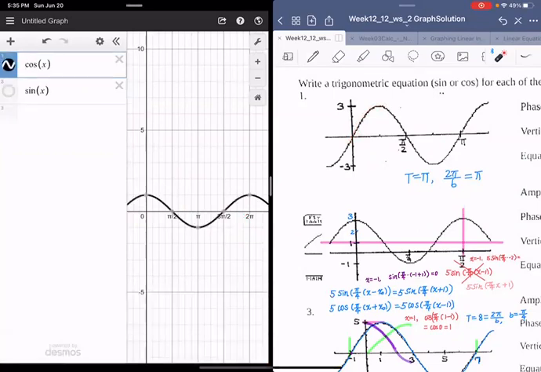Cosine x starts from the maximum point. So if you have a graph starting from the maximum or the minimum, you want to choose cosine. If you have a graph starting from the midline position, you want to choose sine. Did I answer your question, Brian? Yes. Okay, thank you. Any questions are welcome.